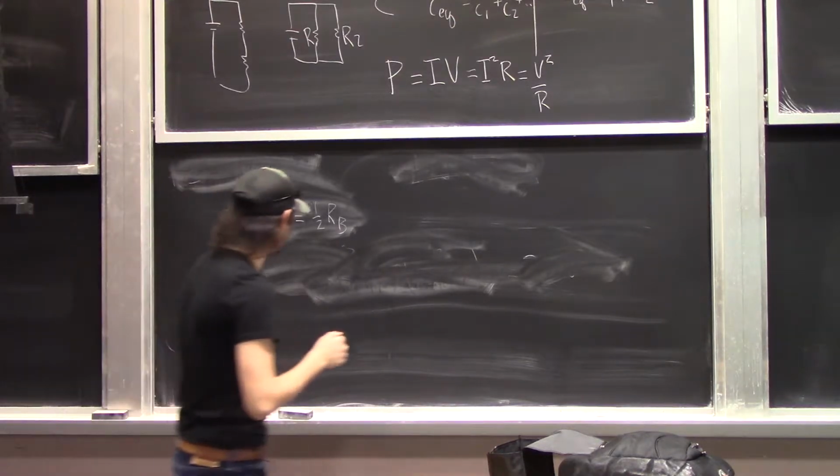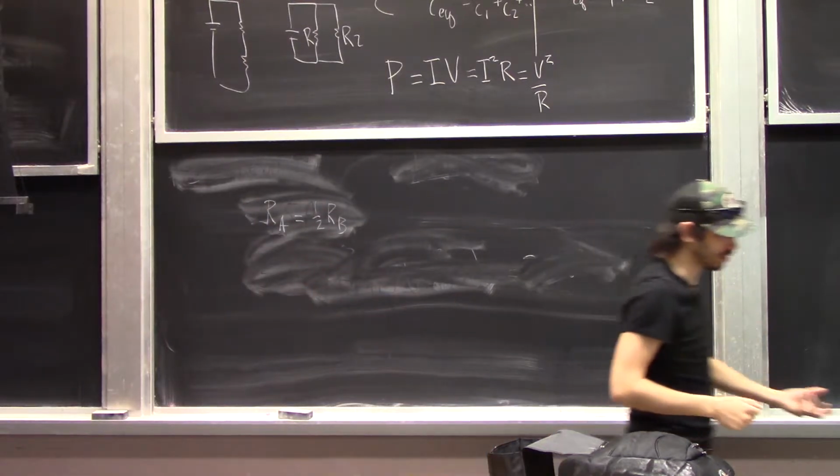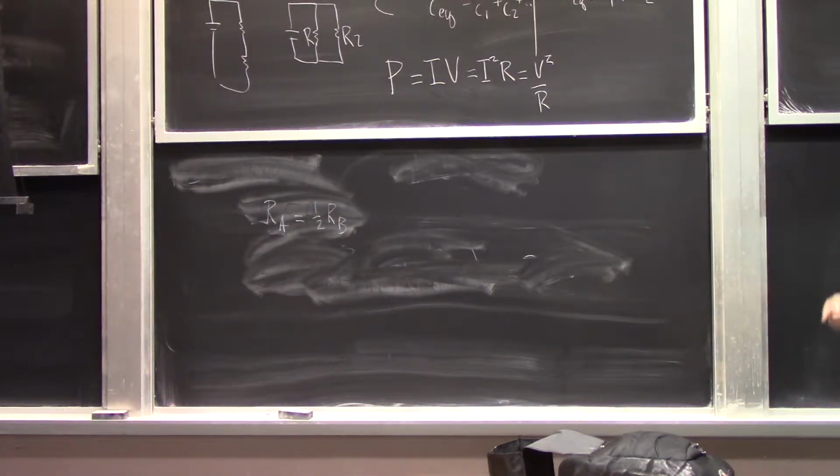If the resistance of A is half the resistance of B, when we apply V equals IR, we see that the current through A is twice the current through B. So the answer should be B and I. Okay, let's move on to the next one.